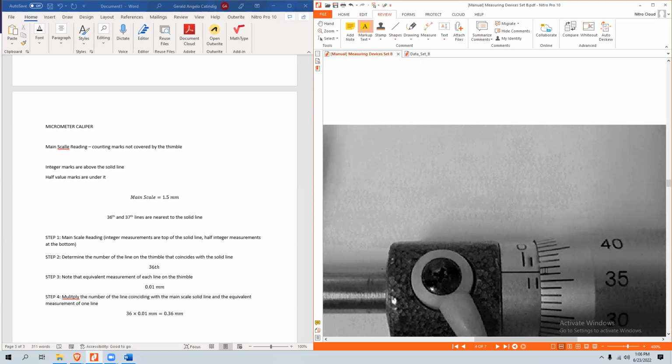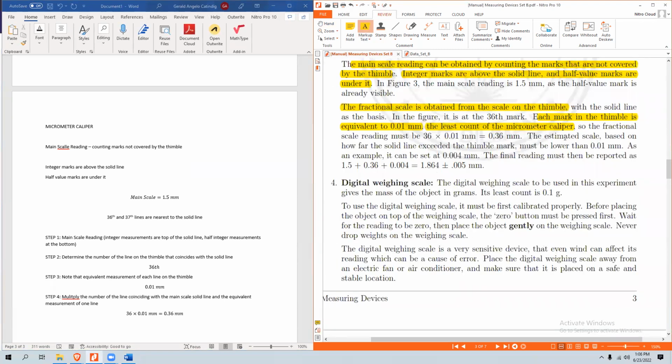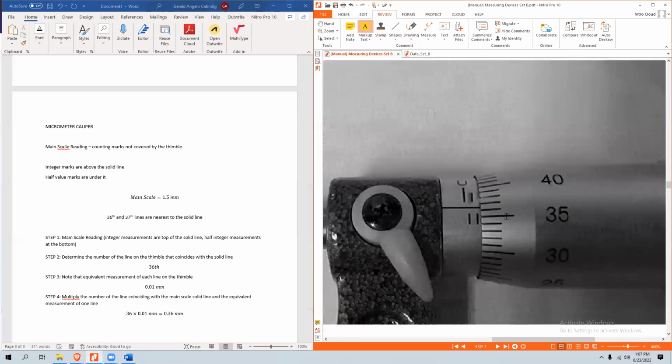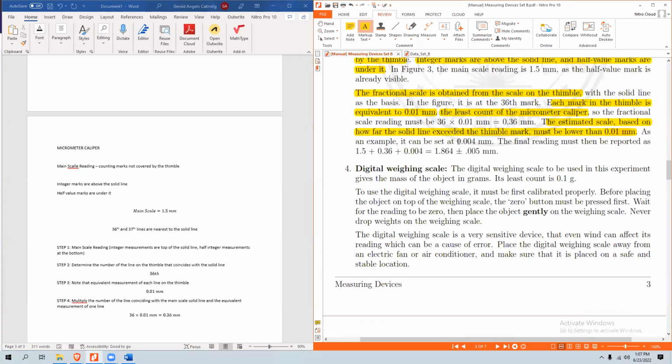So, going back, so the estimated scale based on how far the solid line exceeds the thimble mark must be lower than 0.01 millimeters. So, bakit? Kasi one line on the thimble is already 0.01 millimeters. So, ibig sabihin yan, pag mayroon kang in between, that's less than 0.01. So dito, estimated scale, as the name implies, magtatansya na lang tayo. And yung tansya niya ay sinet niya 0.004 millimeters as an example.